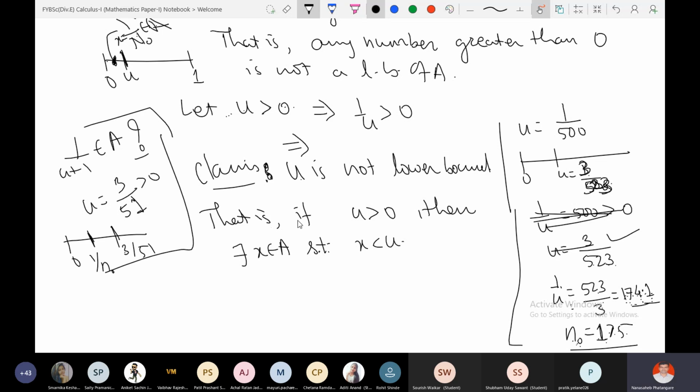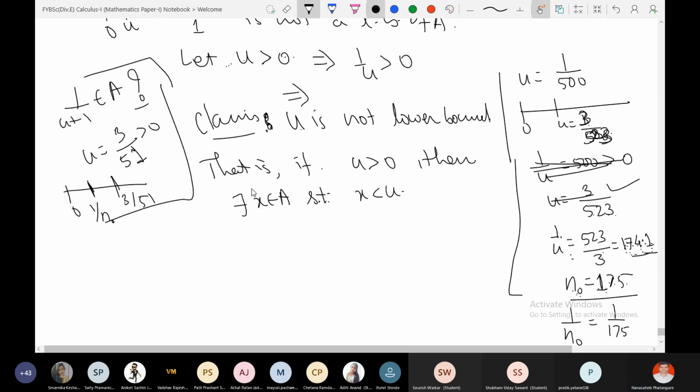If you can see that some elements from set A are less than u, then u cannot be a lower bound, because if u were a lower bound, all members of the set should be greater than or equal to u, but that is not happening. That we want to prove. So this is our claim: if I select u greater than 0, there is a number x in A which is less than u.